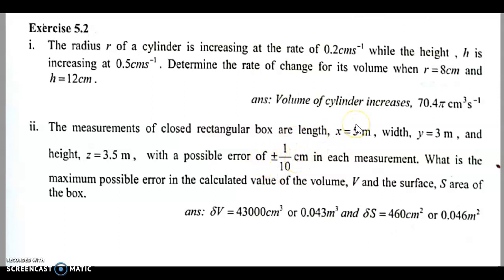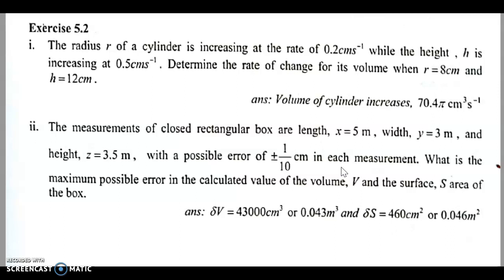So the volume and surface later will be calculated based on this. Actually this is in meter, right? So basically 500 plus 0.1, 300 plus 0.1, and 350 plus 0.1, and we look for the total volume of the small increment.